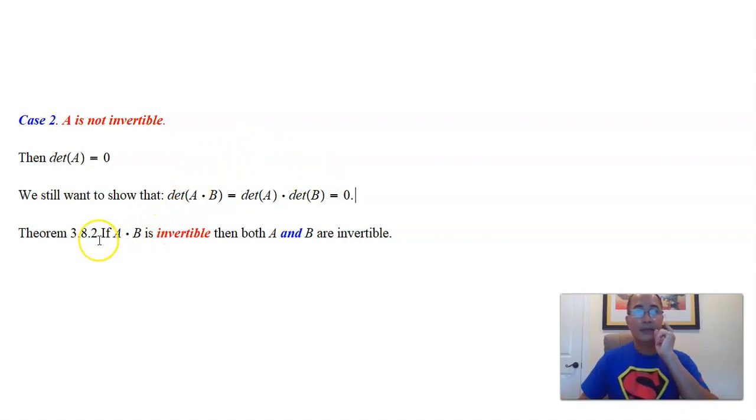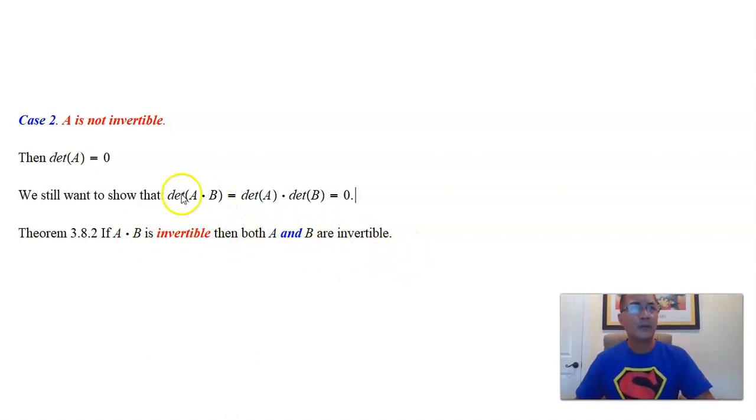Well, we did have a theorem, and I did not put it in our list of review theorems because we're only going to use it this once. That theorem, 3.8.2, said that if the product A times B is invertible, then both A and B have to be invertible.